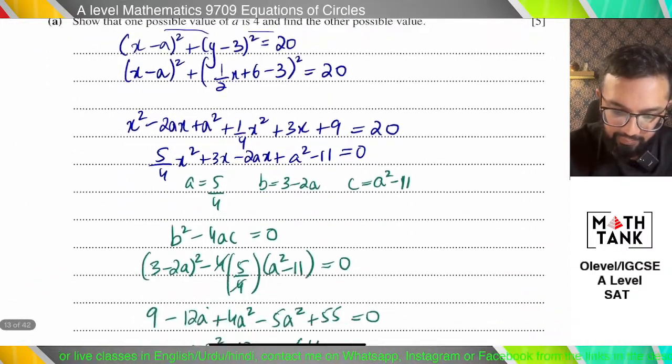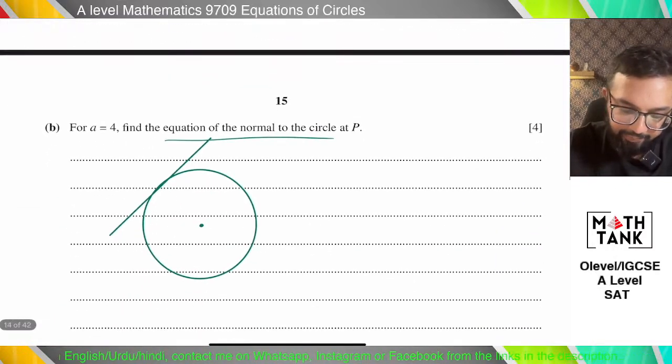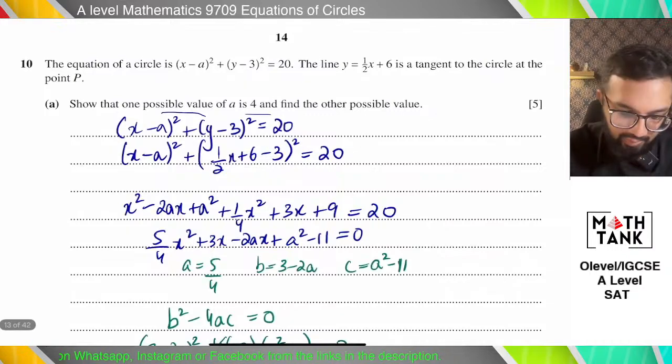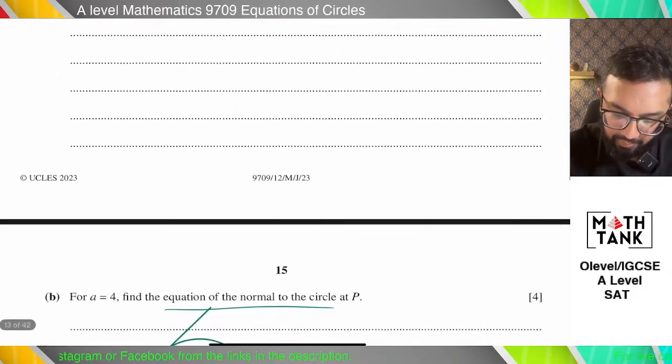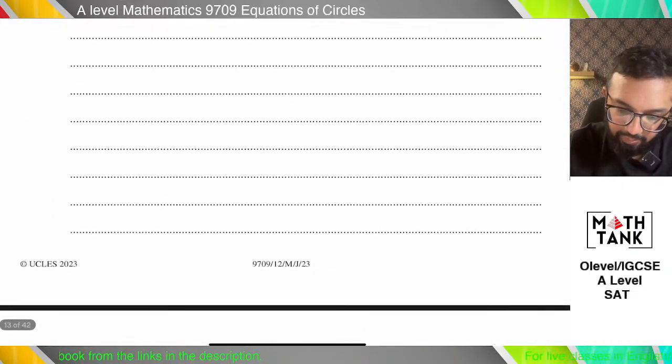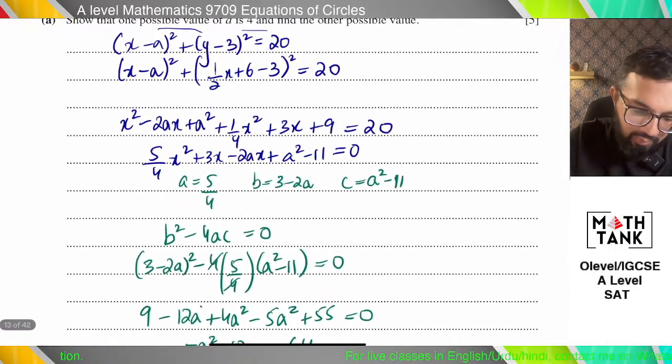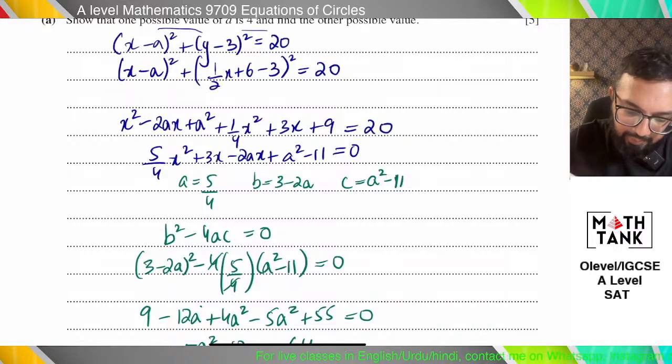So for a equals 4, the center is 4 comma 3. Where am I tangent? I'm tangent at the point P. Do I know the point P? No, I don't know the point P so far, but I found this equation. If I solve this, I can probably find out P first.